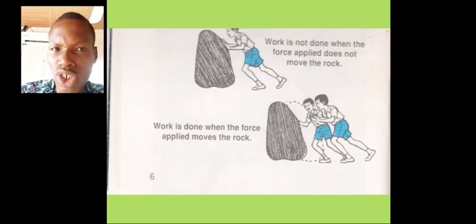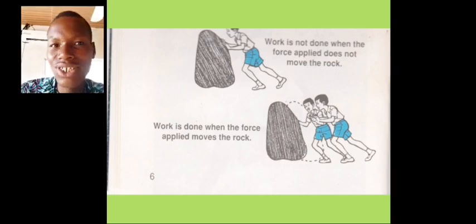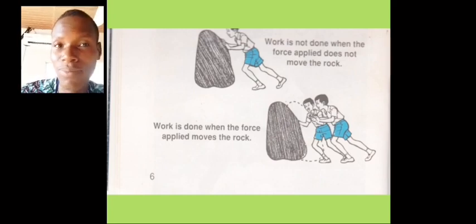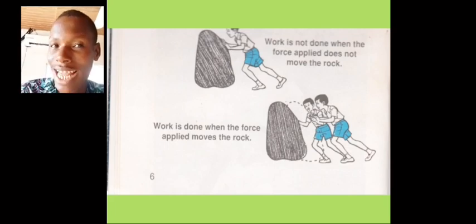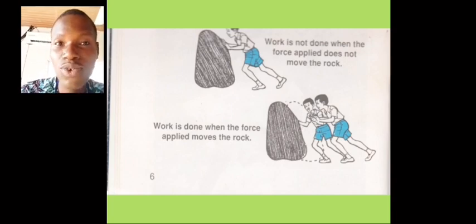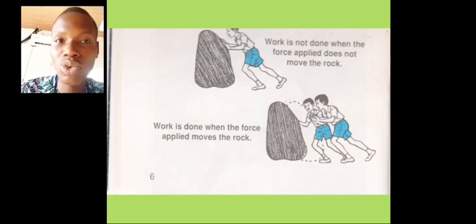Done. So for instance, if a learner stands from morning till night, taking a chair and raising it up, as long as no distance has been covered, no work has been done by that learner. He may be using energy. Energy is different from work done.